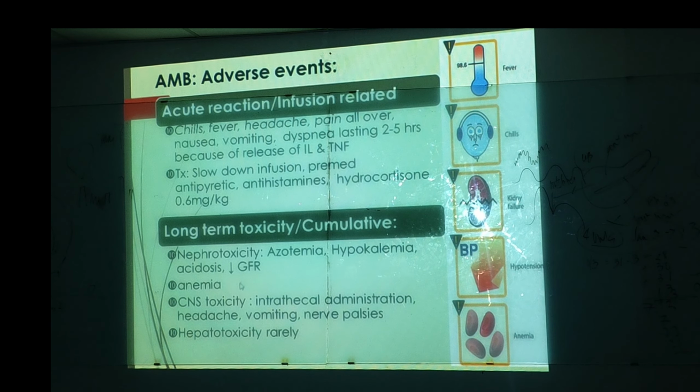It can also cause anemia, and it can also be toxic to the CNS, especially if it is administered intrathecally, manifested by headache, vomiting, and nerve palsies. It can also damage the liver, although this is rare.